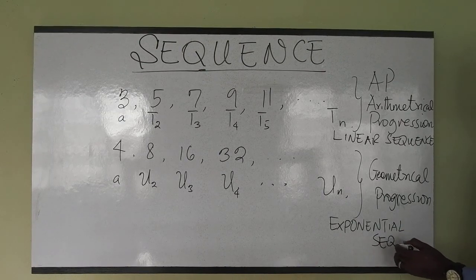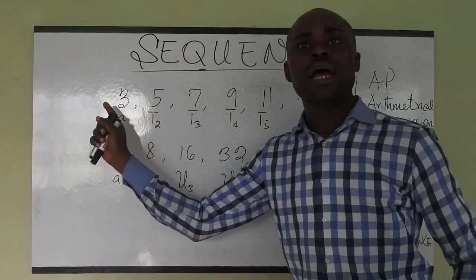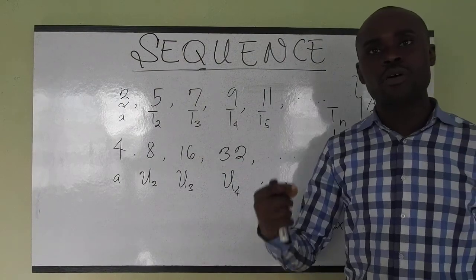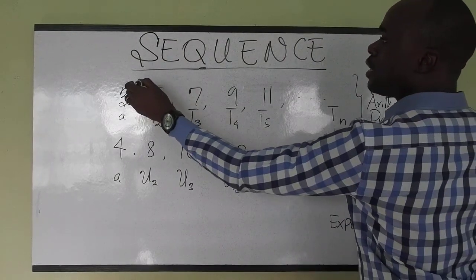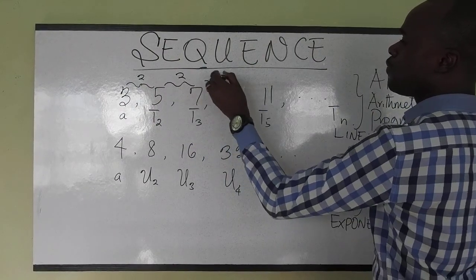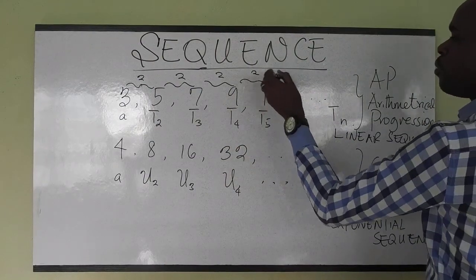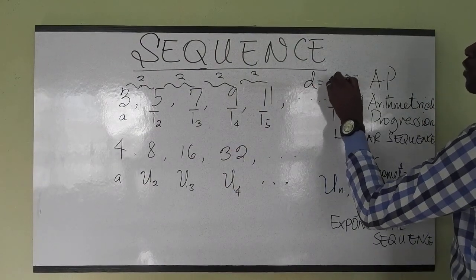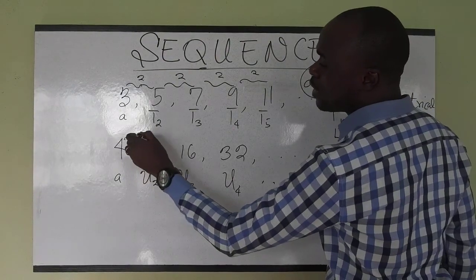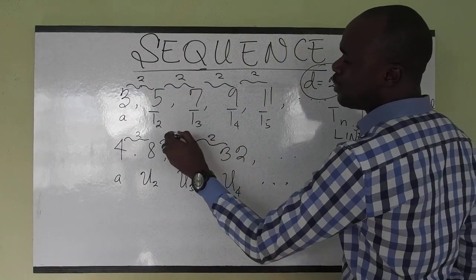The constant term you are adding to get the new term, which in this case is 2, is what we call the common difference. You see that the common difference here is 2, here is 2, and here is 2. That term that you keep adding to get the new term is called the common difference, and it is represented with D. Like this one, we multiply by 2, by 2, and then by 2 to get the new term.